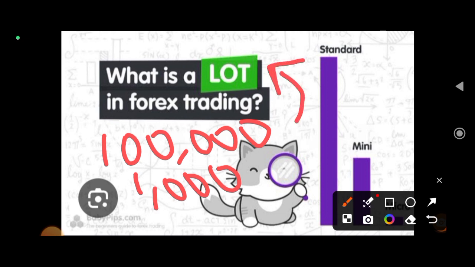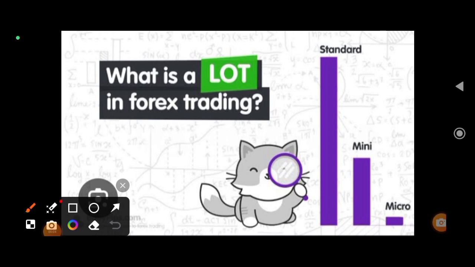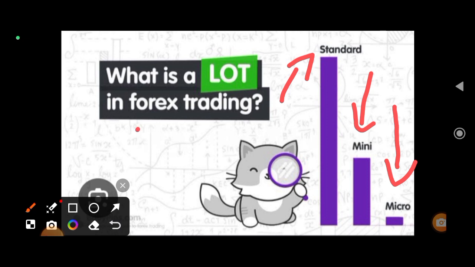Do you understand? Now we have three types of lots. We have the micro, the mini lot size, and the standard lot size. The standard lot size is the biggest, that is 1.0.